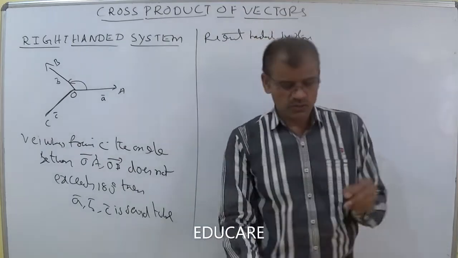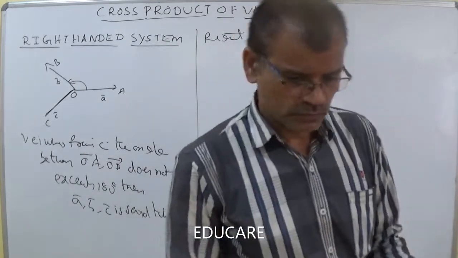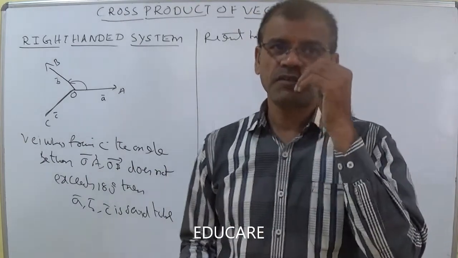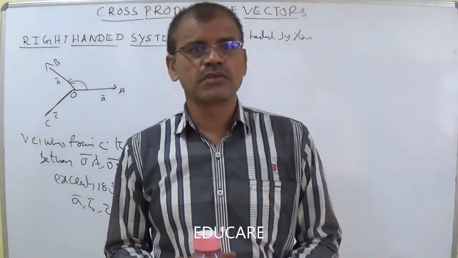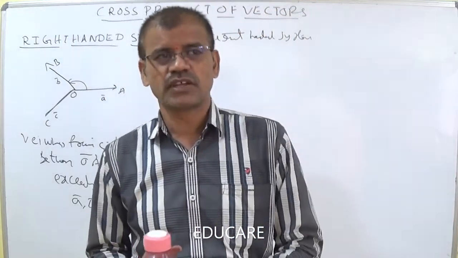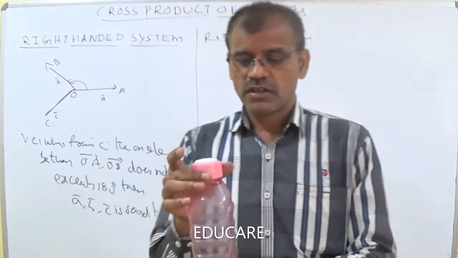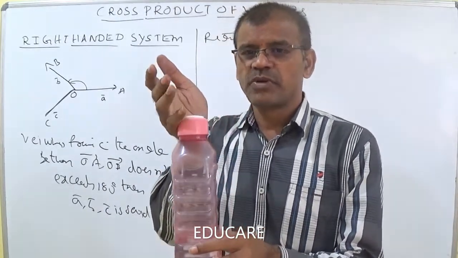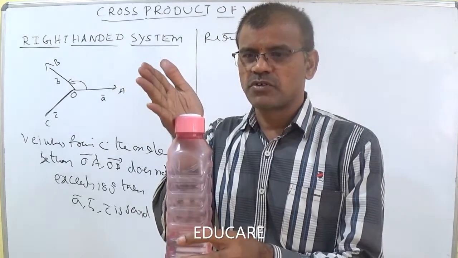Let us discuss using an example. Every student used to get confused that if we are using the right hand it is a right-hand system, and if you are using the left hand it is a left-hand system. No, it is wrong. Let us discuss the example. We are opening a cap. Observe, try to understand.